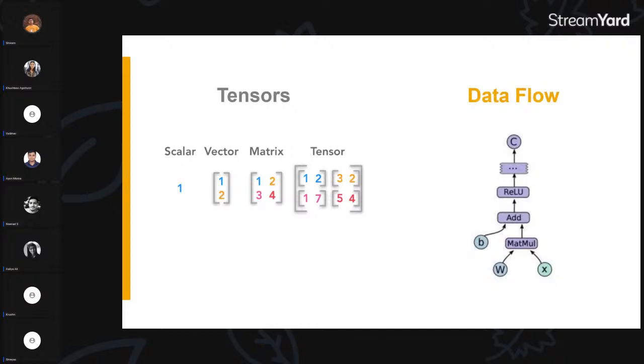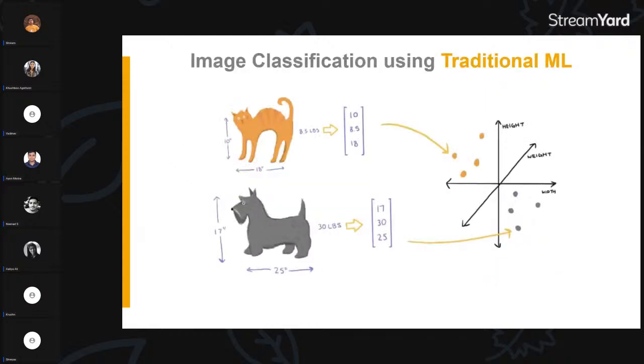The nodes in the graph are operation and the edges are the tensors. So here B, W, and X are the different tensors which are flowing into different operations like add, ReLU, and others.